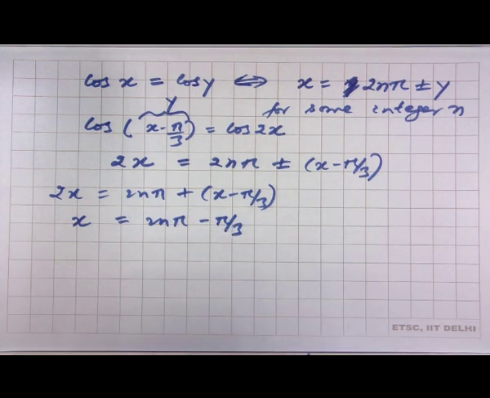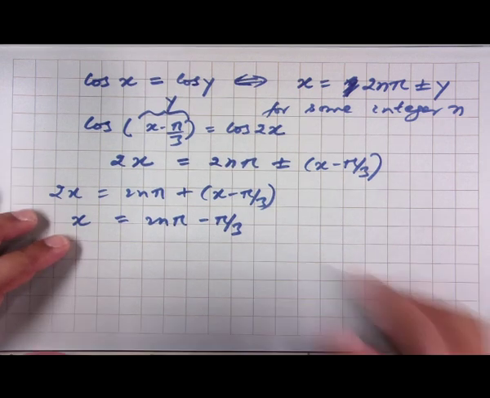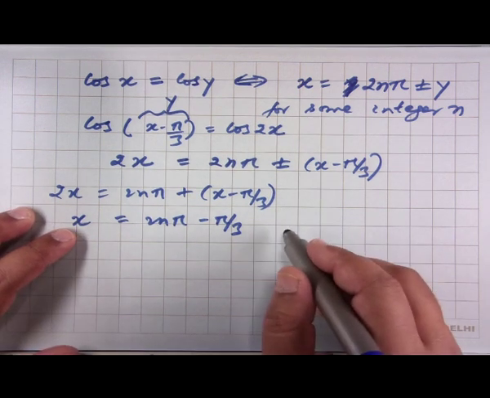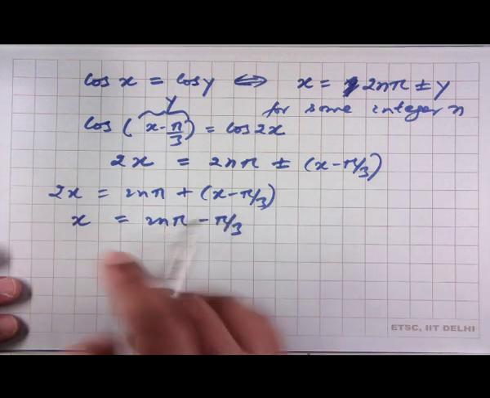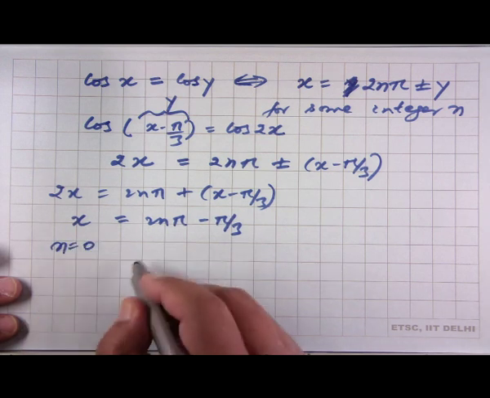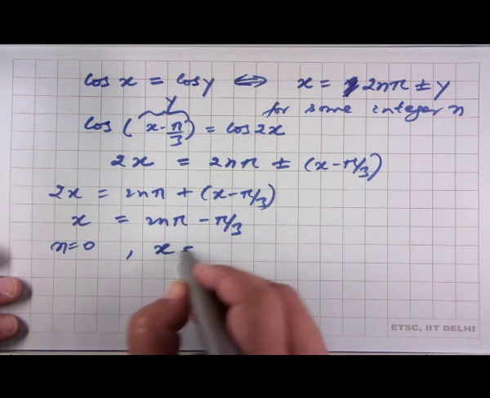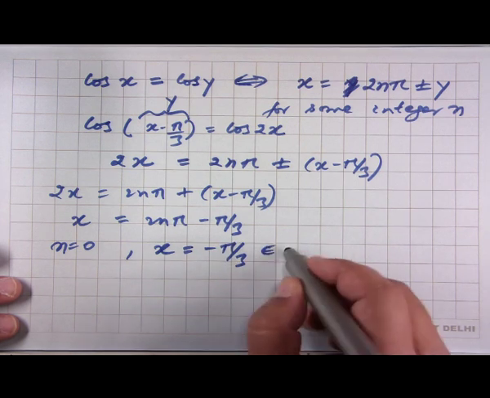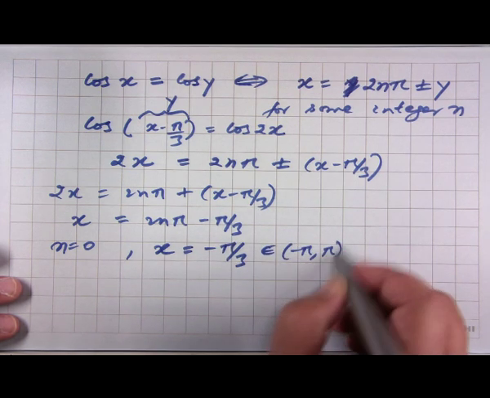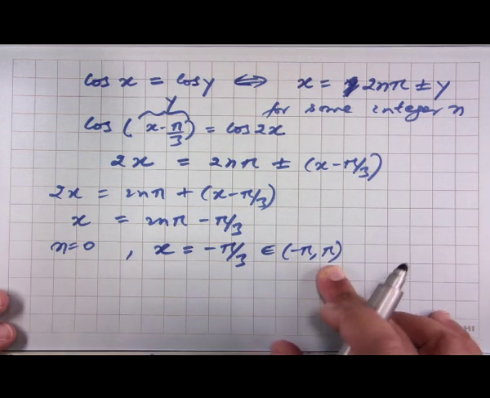But remember that x must belong only to the interval minus pi to plus pi, and therefore all values of n might not be permissible. So if we take n equal to 0, then the value of x that we get is minus pi by 3, which definitely belongs to the interval minus pi to plus pi.